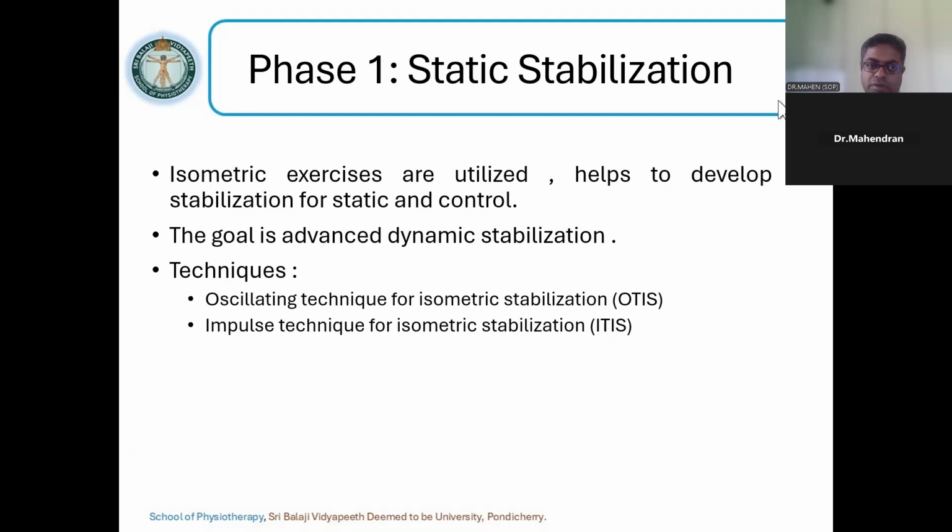At this stage, we are using only isometric forms of exercise, so we don't have a chance to aggravate the injuries. At the same time, the muscles can be strengthened. That is the main goal of using isometric exercise in the first phase of RNT.